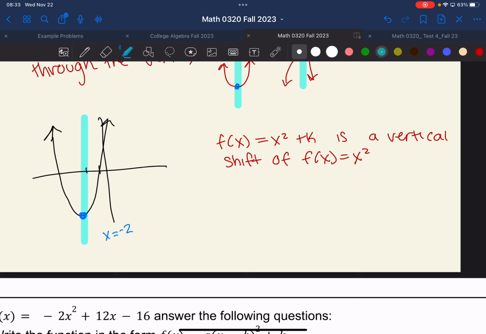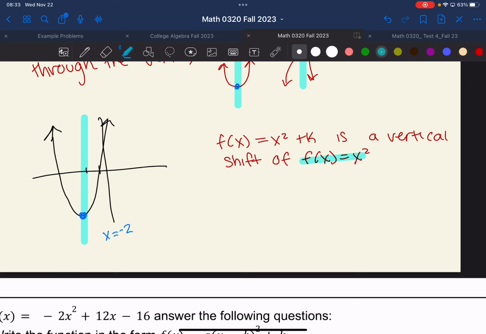Think of f of x equals x squared as our parent function. That's the original function. So if we are adding or subtracting a number from that, it is going to shift vertically. And vertically is what direction? Up and down. So that means that plus k is going to make it either move up, or if we had a minus k, it's going to make it move down.